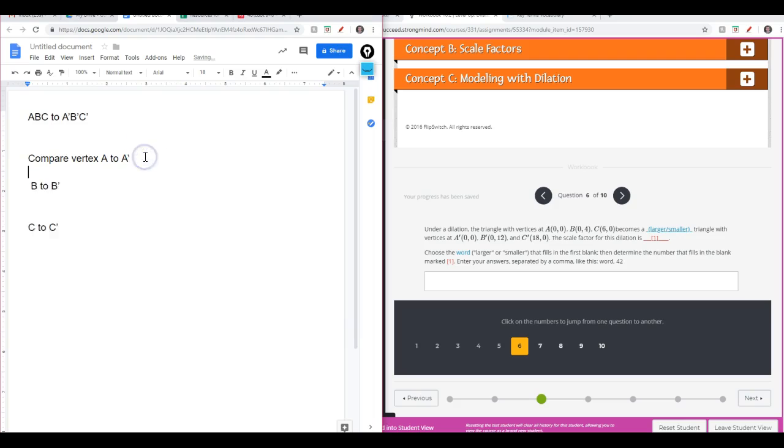The way we're going to do it is we're going to break it down into our X and Y coordinates, and both of them have to have the same scale factor.